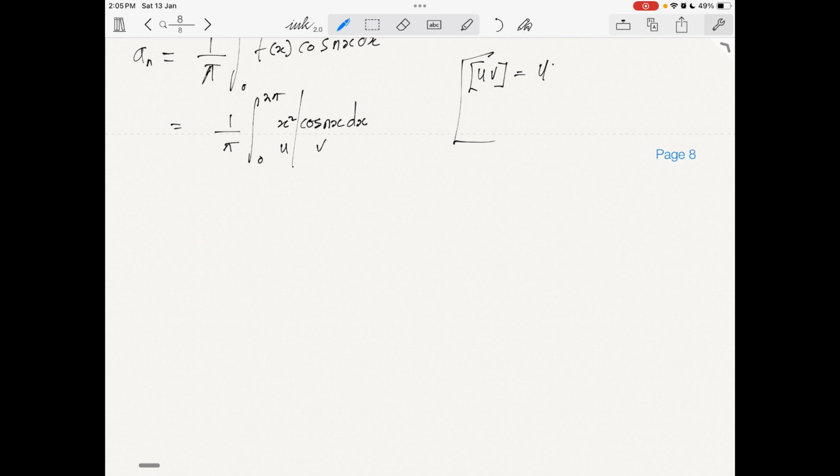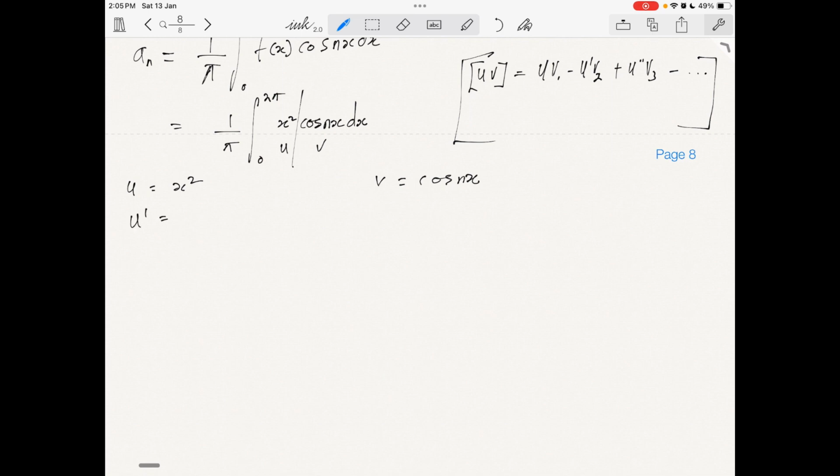It gives us u v1 minus u prime v2 plus u prime prime v3 minus dot dot dot. Now our u is equal to x squared and our v is equal to cos nx.